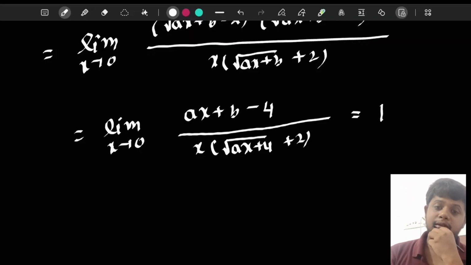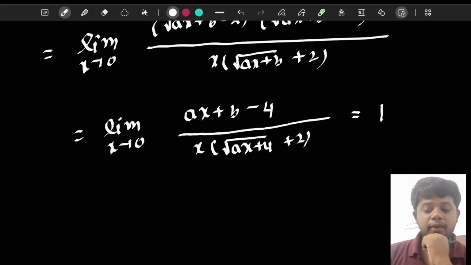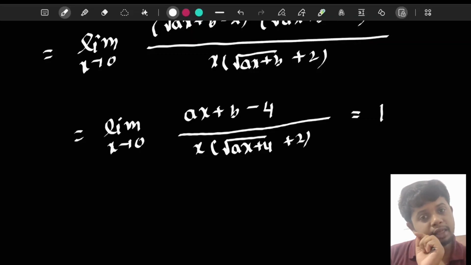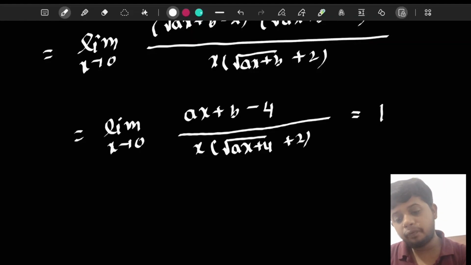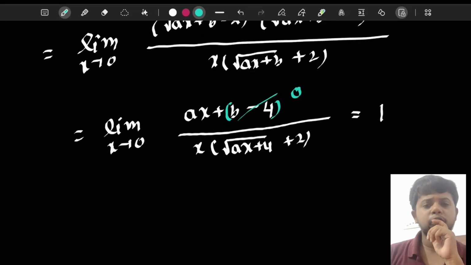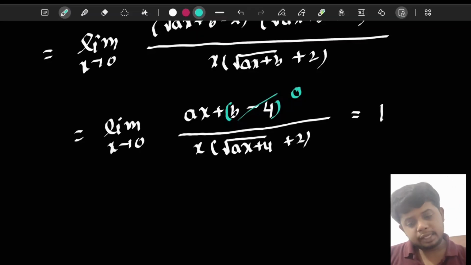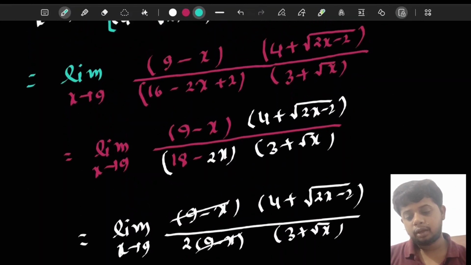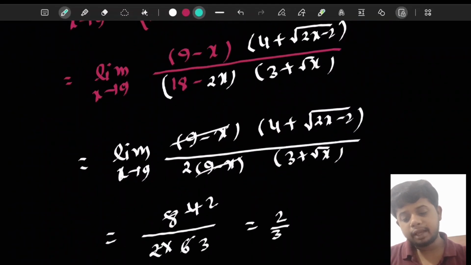That means limit exists. If the limit exists, that means, as in the previous question analysis we have got, the numerator part should cancel the denominator part. That means, will you understand this? This b minus 4 should become 0. Sir, once more. Okay. See that previous question. Whenever we are getting something, this numerator part, denominator part should cancel.